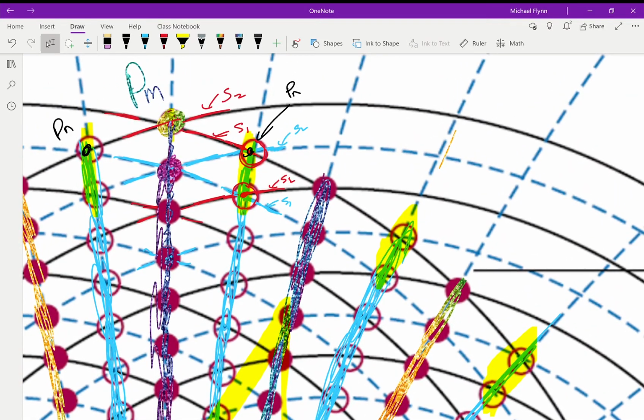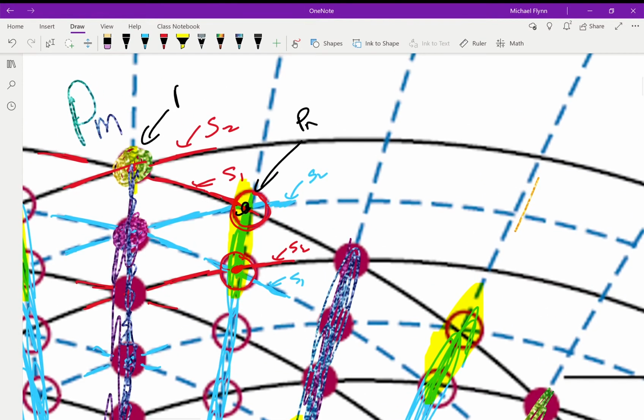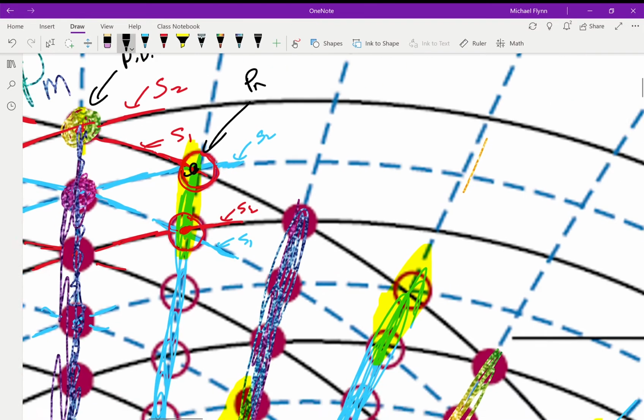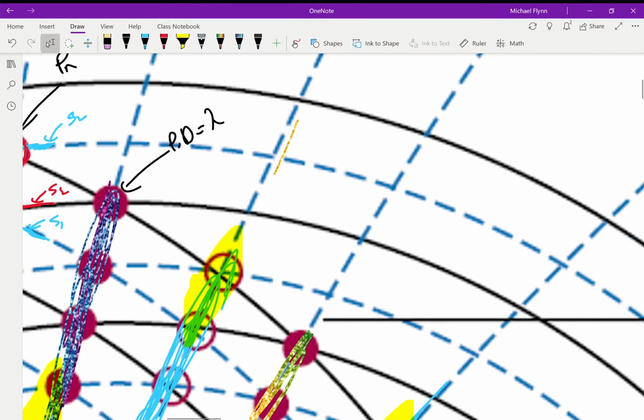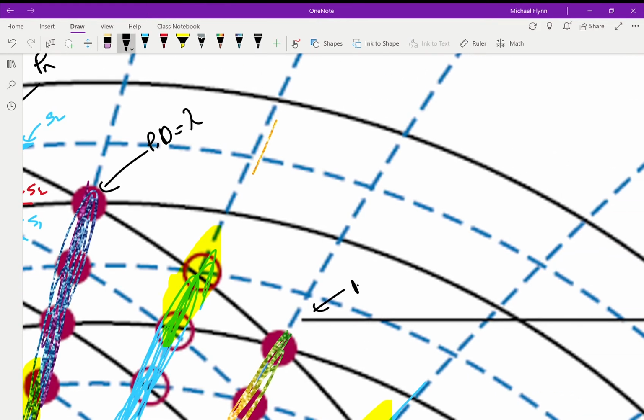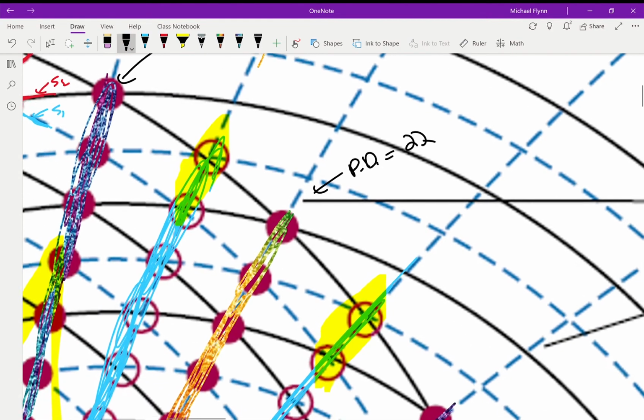So here, the path difference is 0, anywhere along that line. But anywhere along this line, the path difference is actually a full wavelength. Anywhere along this line, the path difference is equal to 2 full wavelengths.